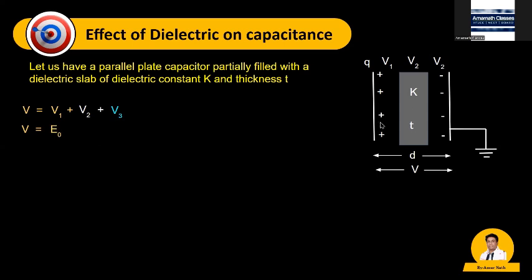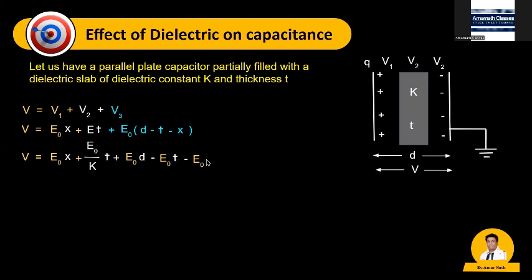Say this distance I'm taking as X, this is T, and this last part will be D minus T minus X. So in the dielectric slab, the potential difference is field into the gap T, that is E into T, plus for the last part E naught into the empty space, D minus T minus X. If I break it, I get E naught into X plus E naught by K into T, which I have already told you, plus E naught D minus E naught T minus E naught X.